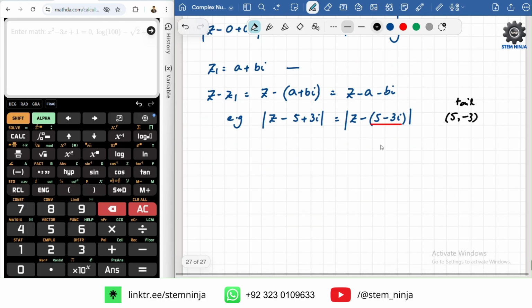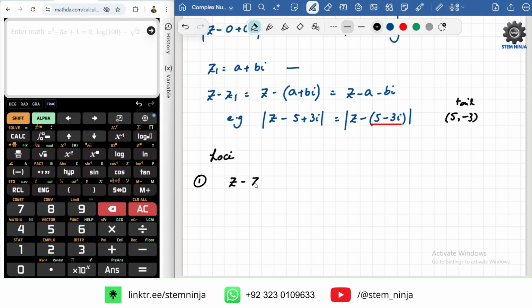Now let's see the three key ideas that are in our syllabus. I will write them first and then I will explain them. So the loci ideas that are in our syllabus: the first one is the modulus of z minus z1 equals some constant a.